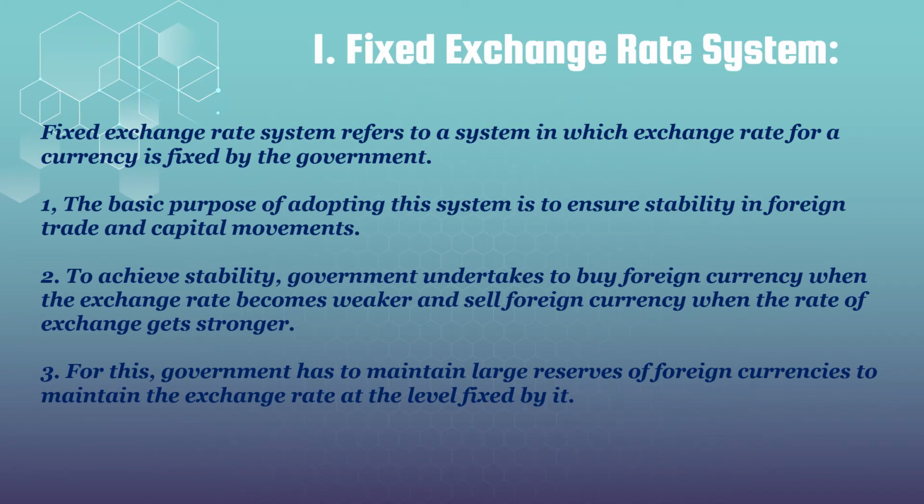For this, government has to maintain large reserves of foreign currencies to maintain the exchange rate at the level fixed by it. So, in order to buy and sell foreign currency, government has to maintain large reserves of foreign currencies.